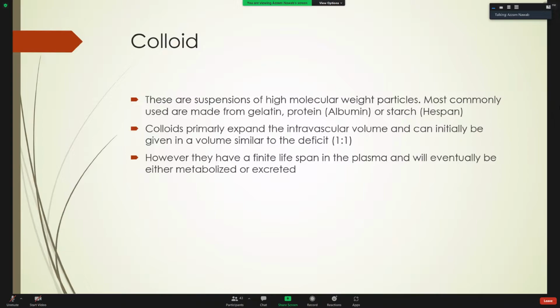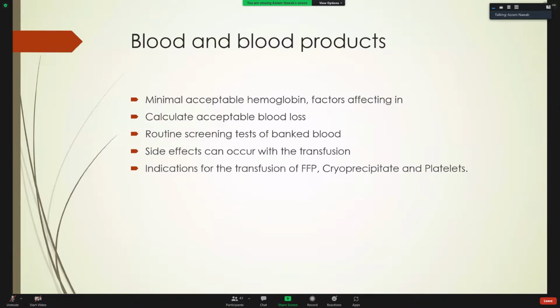However, they have a finite lifespan in the plasma and will eventually be metabolized or excreted. Thus, it's not ideal for a patient in a prolonged setting, like a patient in the ICU with a volume deficit in the long term.